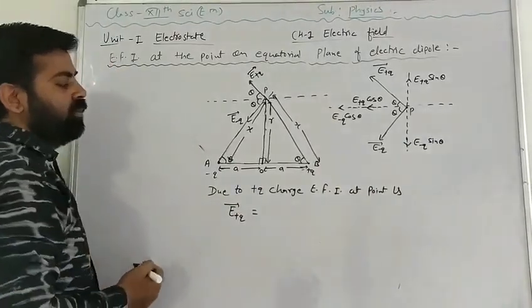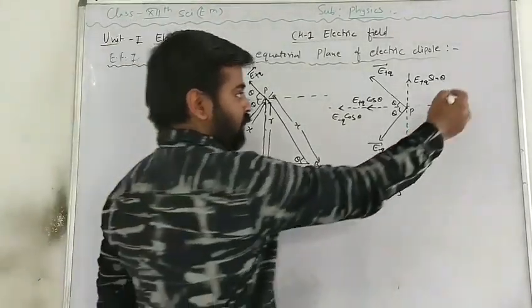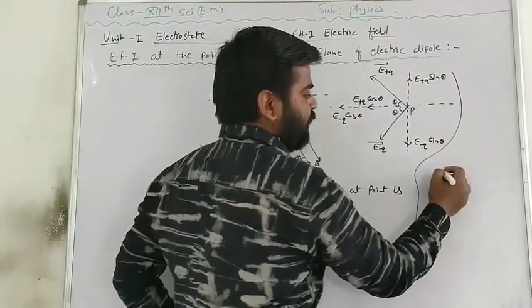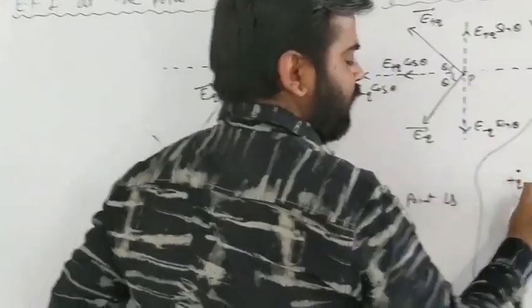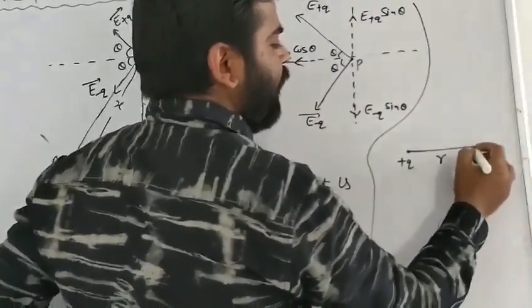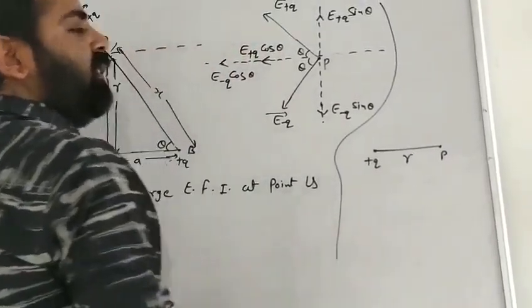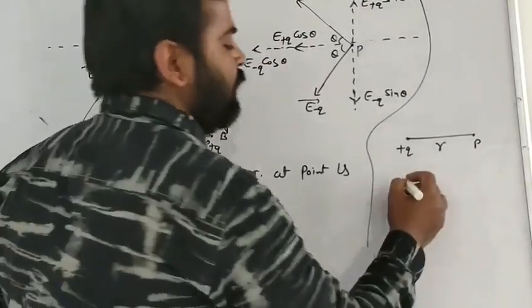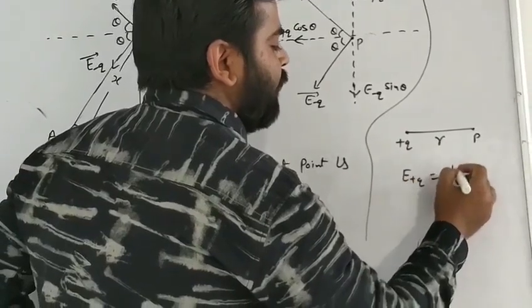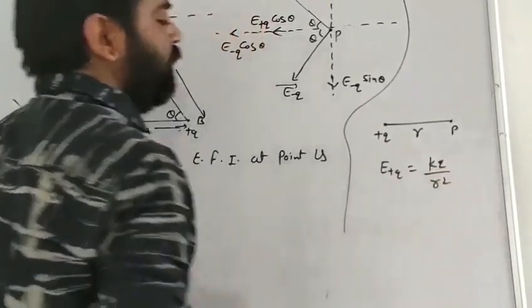In the previous class, I discussed that due to a point charge at small r distance, the magnitude of electric field intensity is given by kq upon r square.